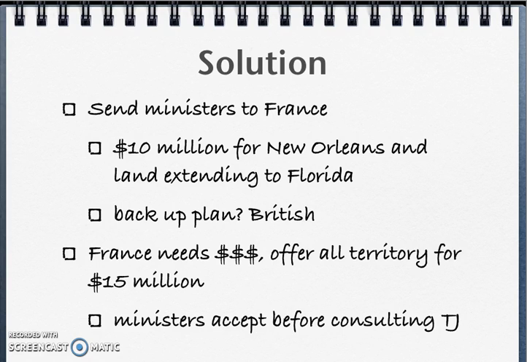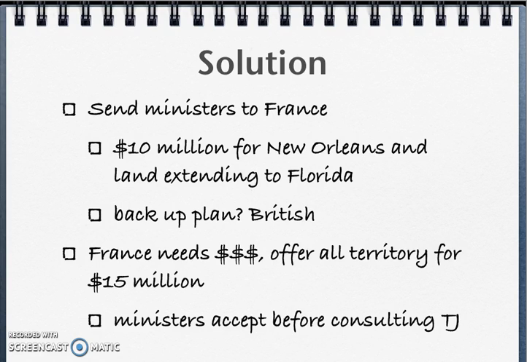So as a backup plan, Jefferson instructs his envoys to seek an alliance with the British if the French are not agreeable. But the French, because they're in such dire straits, agree not only to sell New Orleans, but all of the Louisiana Territory for the cool price of $15 million.